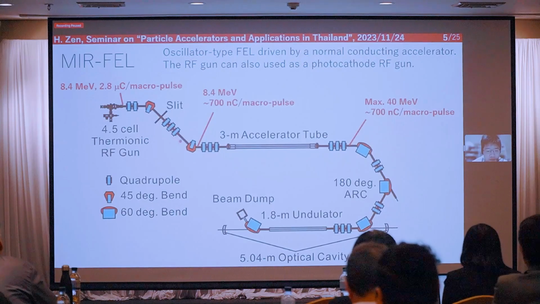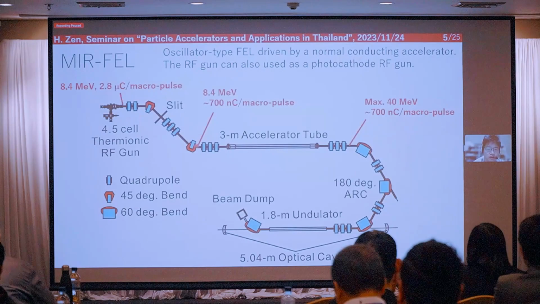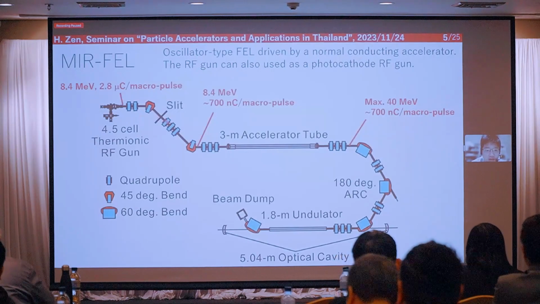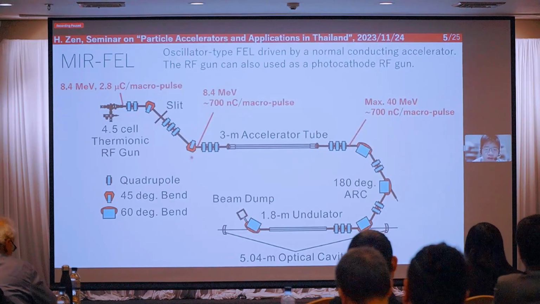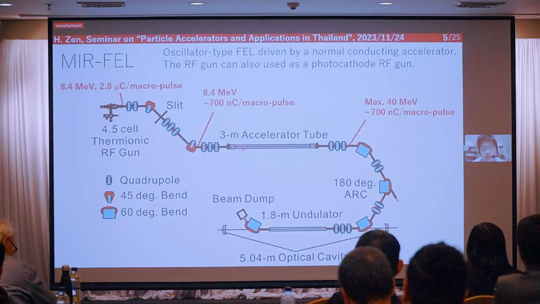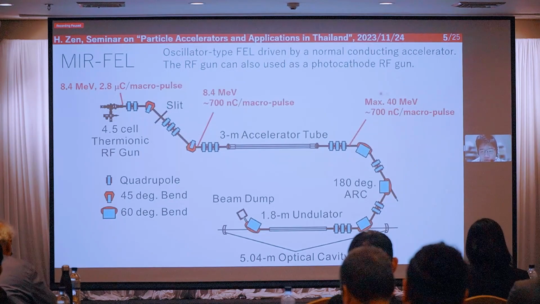electron beam energy selection is performed, and only the good part of the energy spectrum is cut out by the slit, and the total charge is reduced to 700 nanocoulomb in here, and injected to the 3-meter accelerator tube, and further accelerated to 40 mega electron volt, keeping the charge.